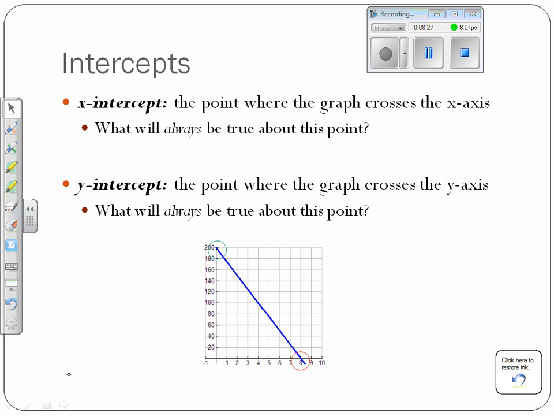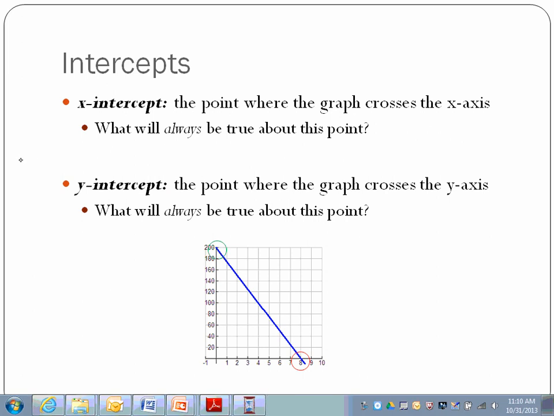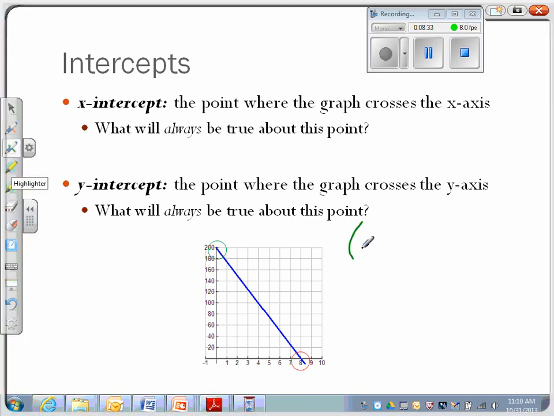So that happens up here at 200. If I write that as an ordered pair, that coordinate pair would be 0, 200. So wherever it crosses the y-axis, what will always be true about that point is that the x value will always be 0. So it will always be 0, something.